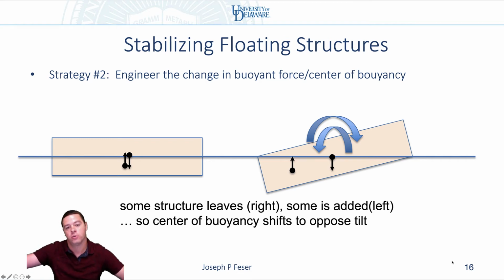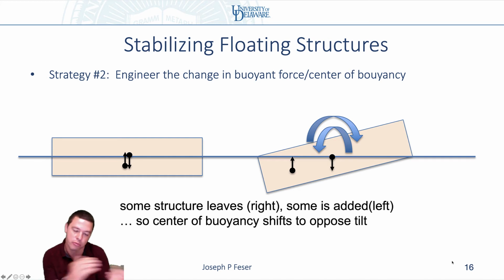When you tilt it, more of the structure is submerged, let's say, on the left side, and portions of the structure are removed on the right-hand side, which shifts the center of buoyancy very much leftward. It creates a large buoyant force focused on the left side when I tilted it to the left, and that has the effect of restabilizing the structure.